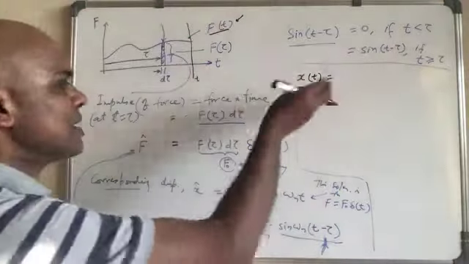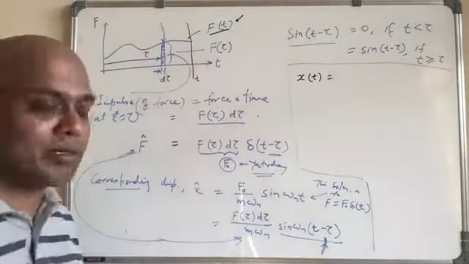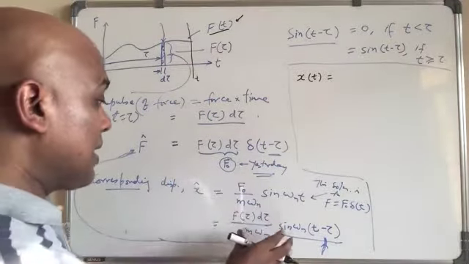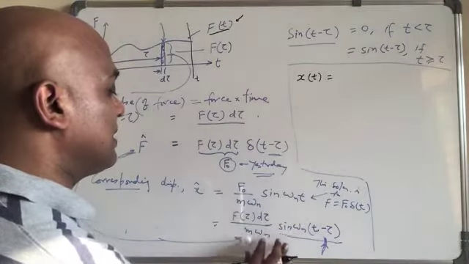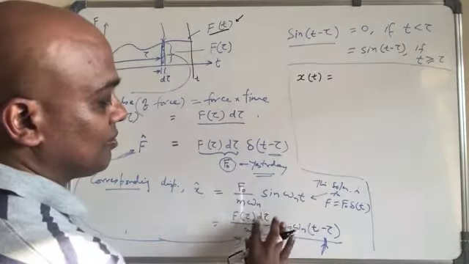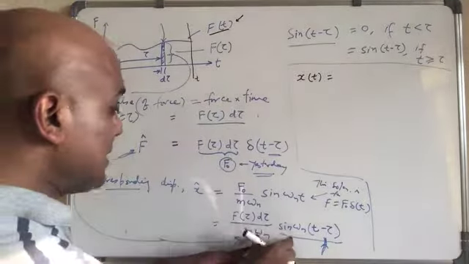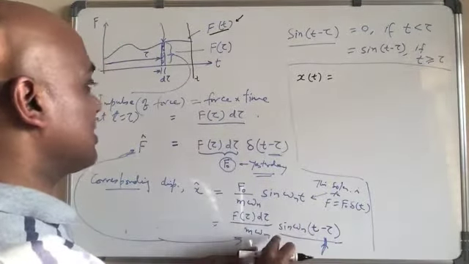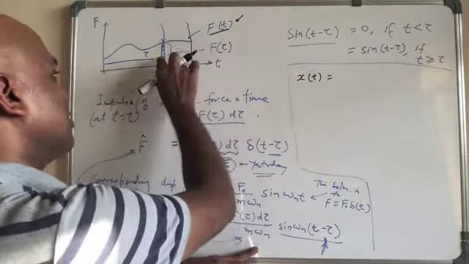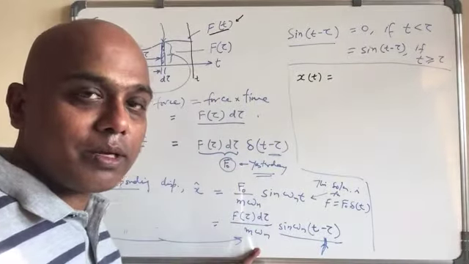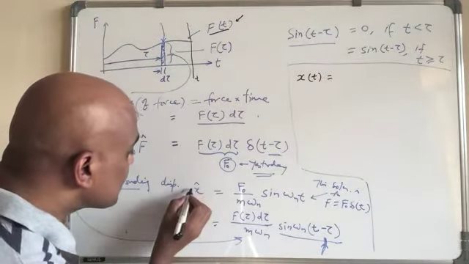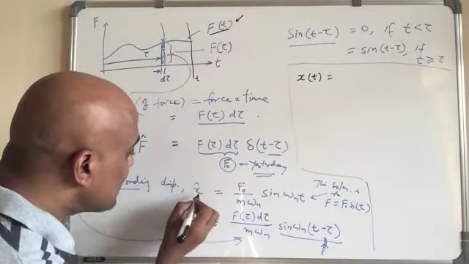x(t) means general solution, x at time t, will be simply the integration of this term. So this displacement contribution comes from this force. In a way, this one is something like dx basically.